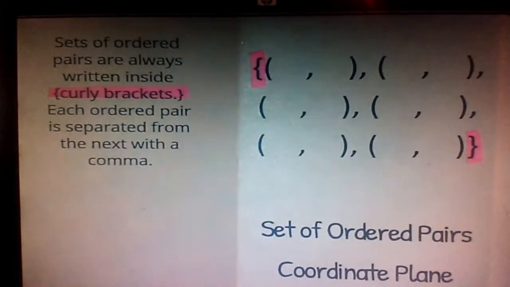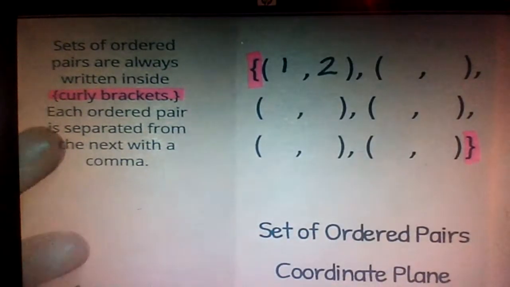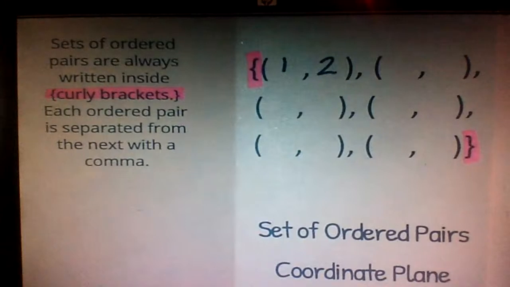So, Andrew, give me an ordered pair. Give me two numbers. 1 and 2. So, 1, 2 is a relation. Your X is a 1, and it's in a relationship with 2. Rezo, give me another one.